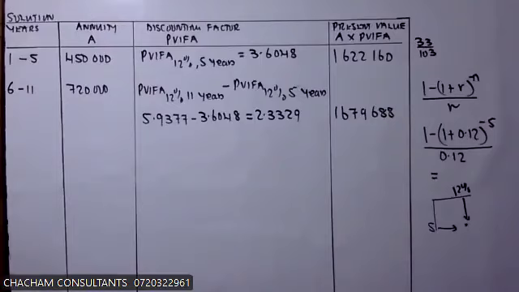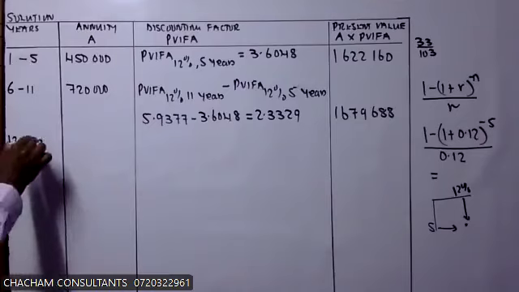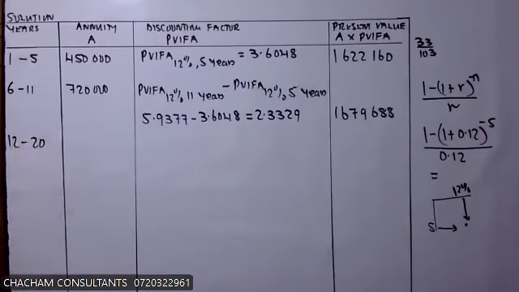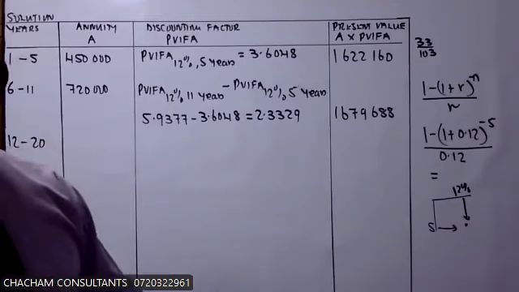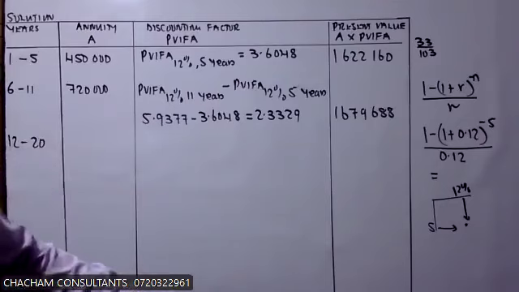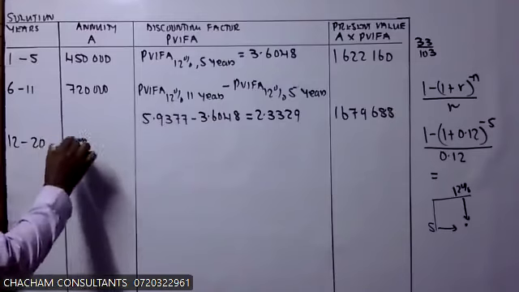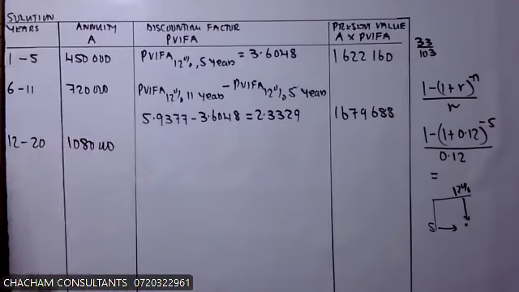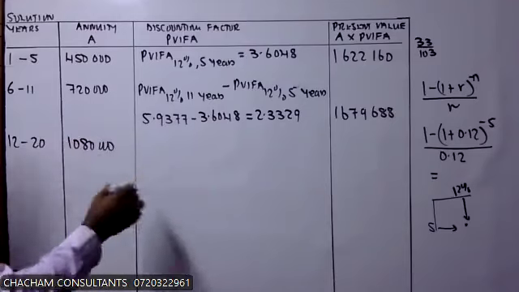Okay, let's go now to the last phase. The last phase is from 12 to 20 years. Yes, Dennis. The cash flow is 1080. So here, the same concept.